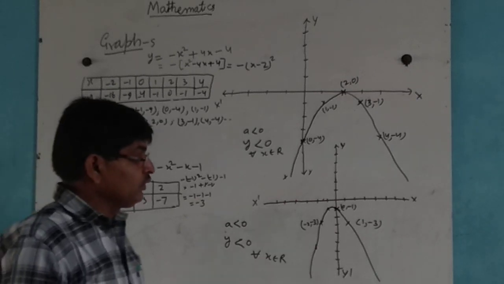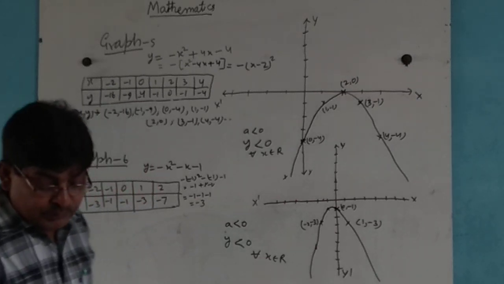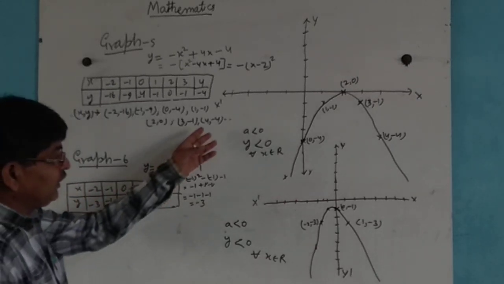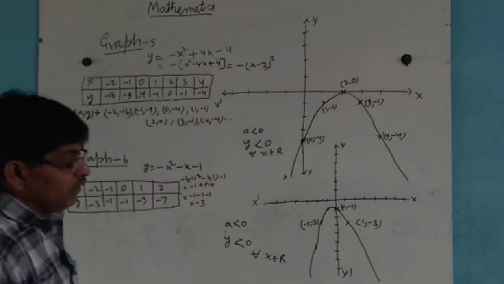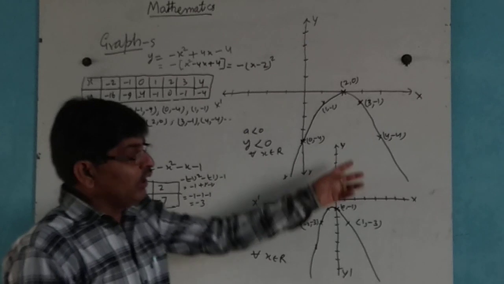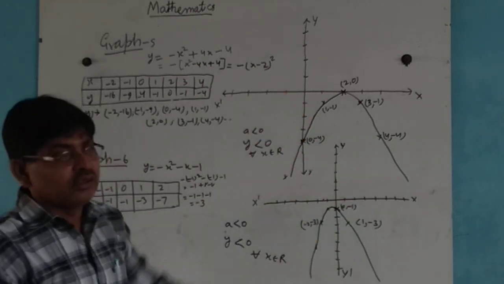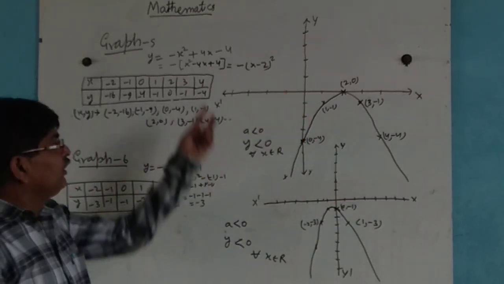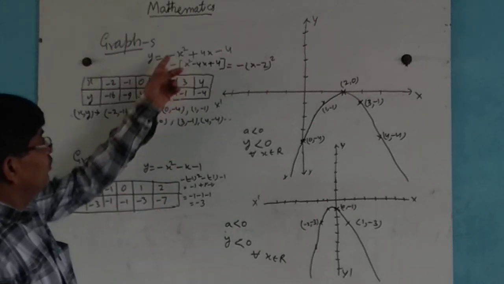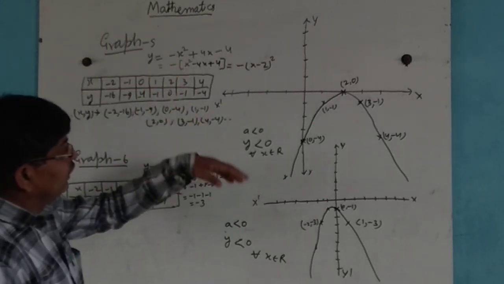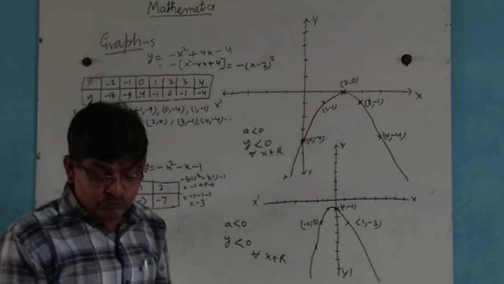Some notes: if the leading coefficient a is positive, then the mouth of the parabola is in the upward direction, and if the leading coefficient of x square is negative, then the mouth is in the downward direction.